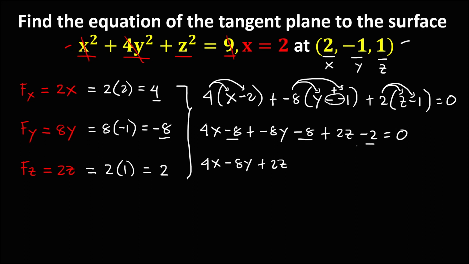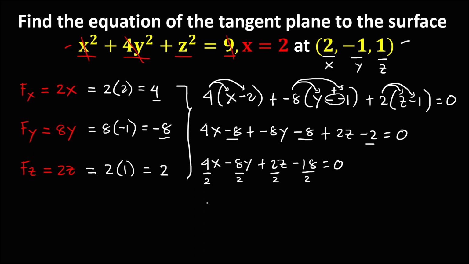Then negative 2, that's negative 18. So this is negative 18, then equals 0. Then we can reduce this equation because all the numbers are divisible by 2. So divide by 2, divide by 2, divide by 2 to reduce.